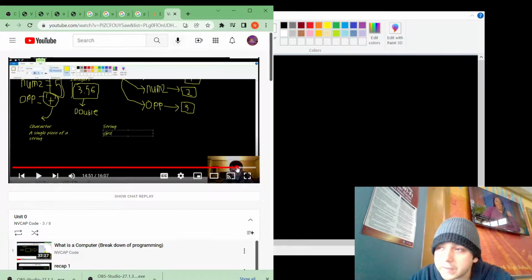And let's say you're trying to get the variable to remember a name, like NVCAP. In order to remember any kind of text information, that's going to be something called a string. So it would be called variable name is a string, and set that equal to, in quotes, NVCAP.